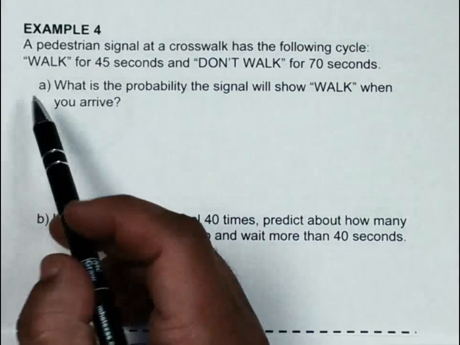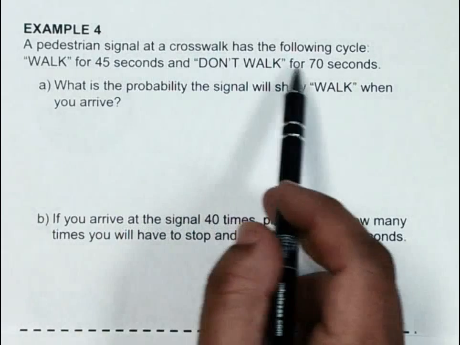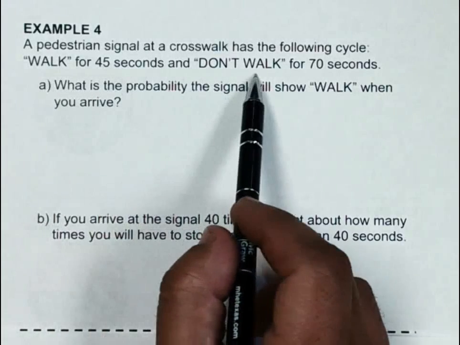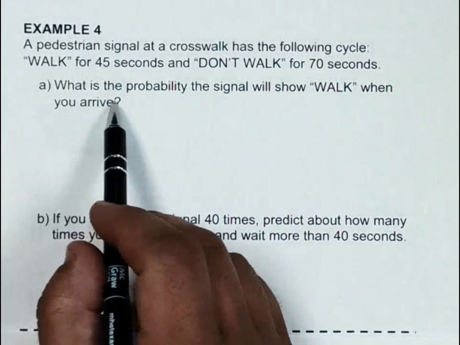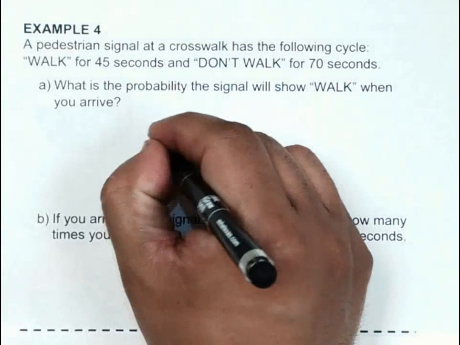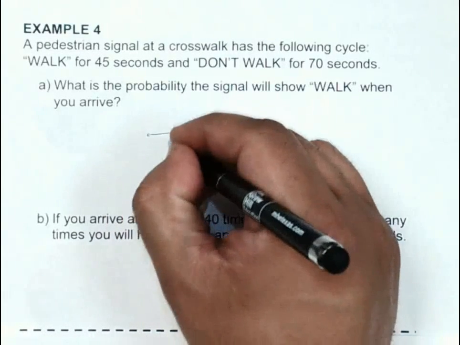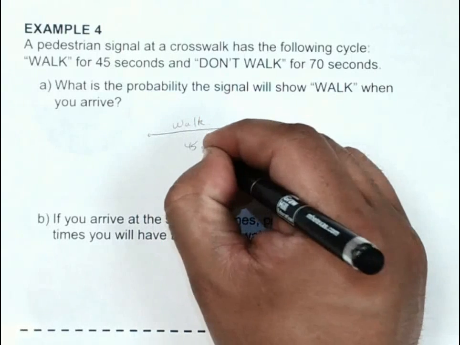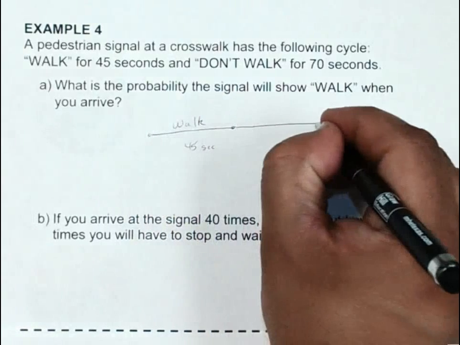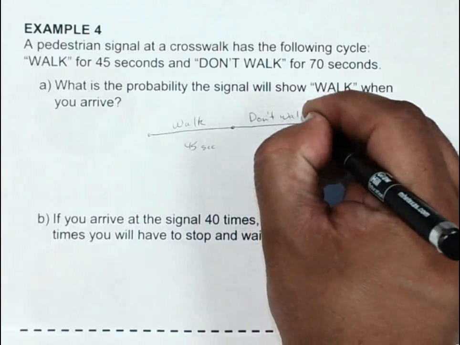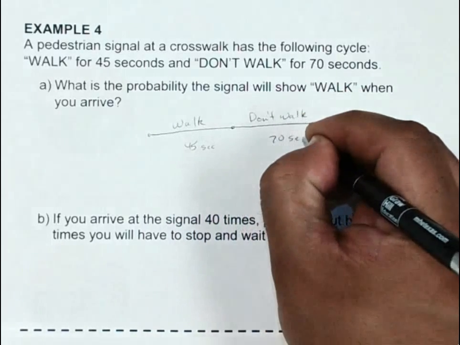Alright, this next one: a pedestrian signal at a crosswalk has the following cycle. The walk sign shows for 45 seconds, and don't walk shows for 70 seconds. What's the probability the signal will show walk when you arrive? If you look at this as a timeline, you have walk showing for 45 seconds, and then you have another cycle where don't walk shows for 70 seconds.